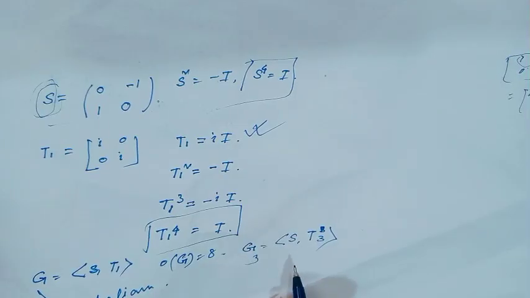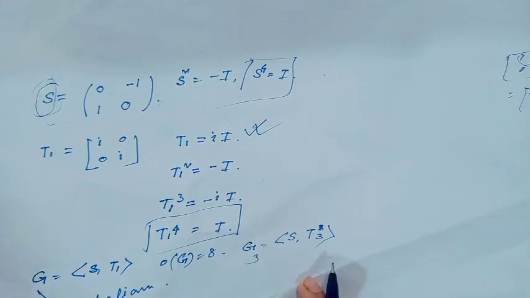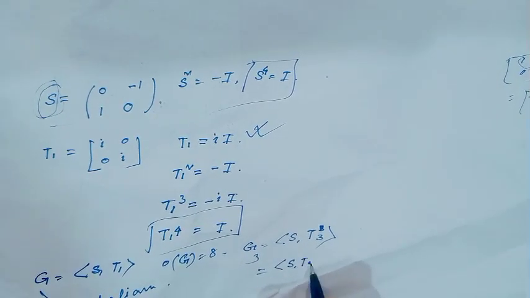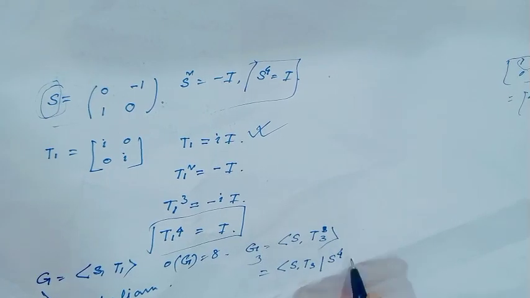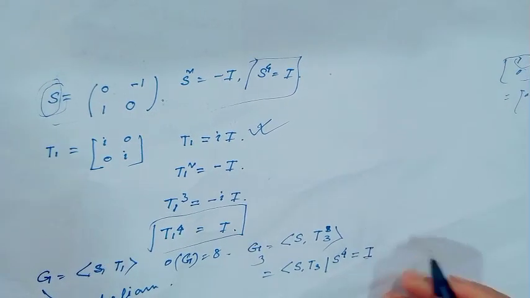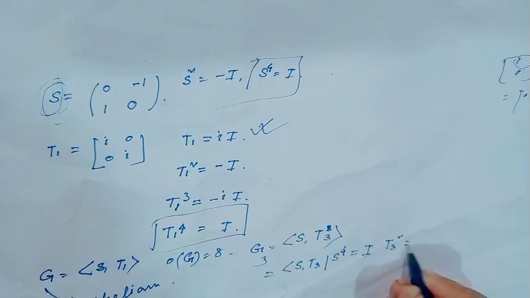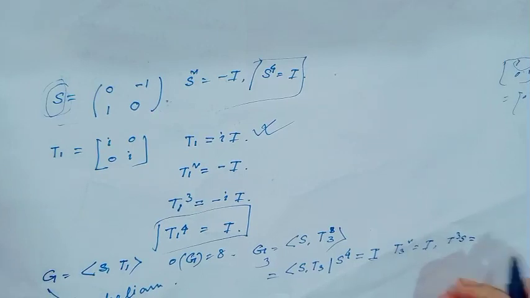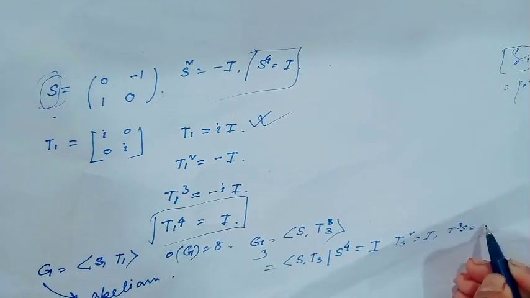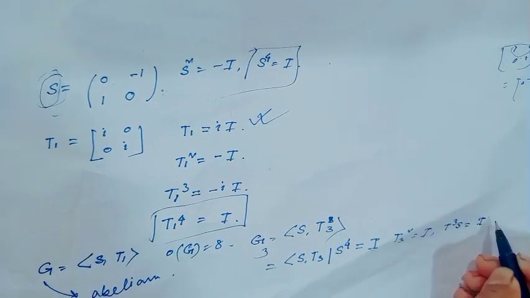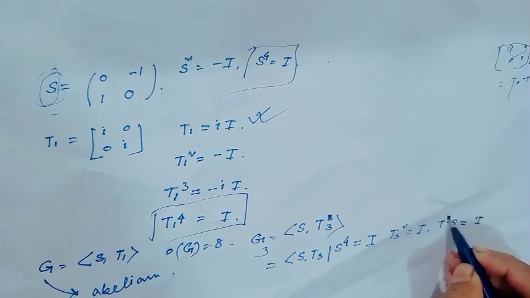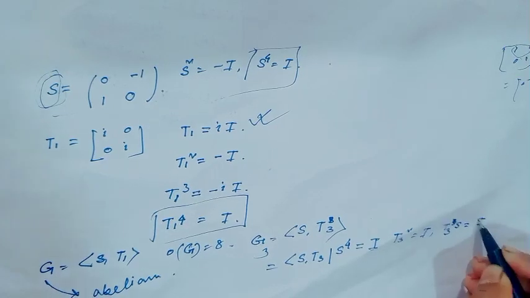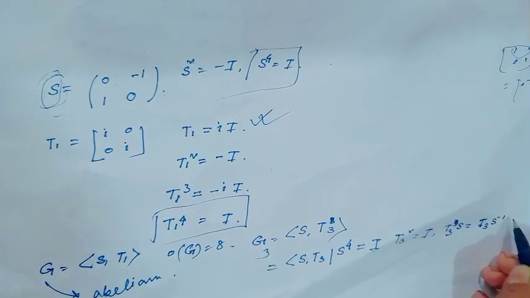In this G3, which is generated by S, T3 such that S to the power 4 equals identity and T3 squared equals identity, and T3 equals its own inverse.